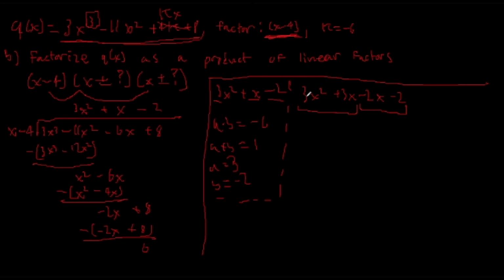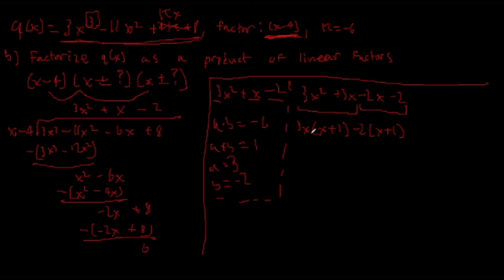So first we're going to start off with the 3x squared plus 3x. And what can we take out of that? Well, we can take out 3x. I was about to say 3x squared. We can take out 3x, and what we'll be left with is x plus 1 in the parentheses. Now for the negative 2x minus 2, we can take out negative 2, and we'll be left again with x plus 1.